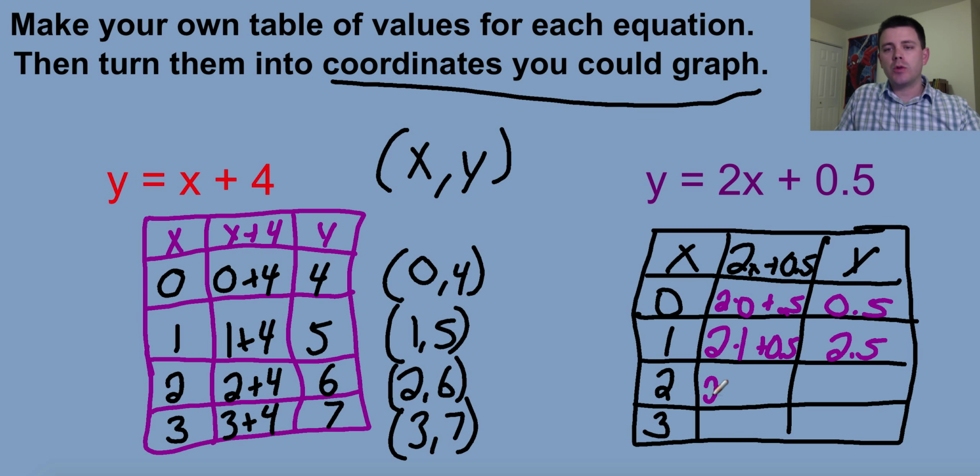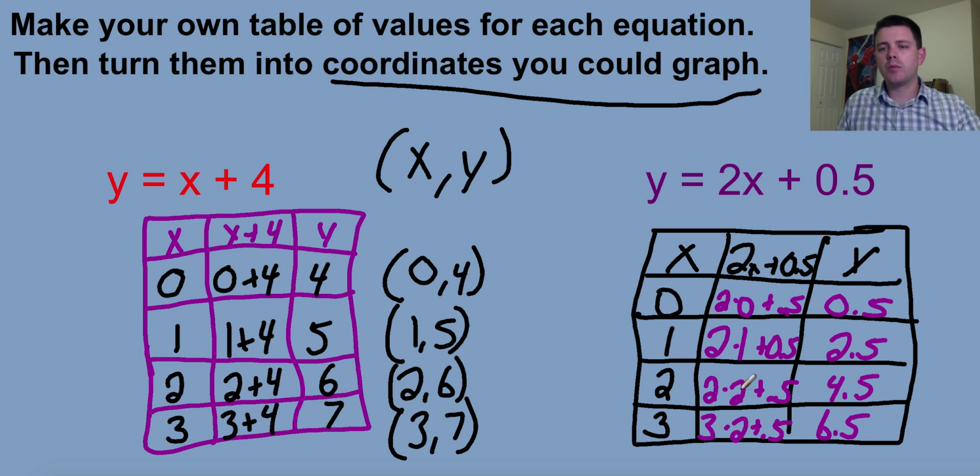Plug in a 2, so 2 times 2 plus 0.5. 2 times 2 is 4, plus 0.5 is 4.5. And plug in a 3. 3 times 2 is 6, plus 0.5 is 6.5. So that's how we create a table of values, our function table, based off our equation. We choose our inputs, plug them in, and then see what we get for our outputs.